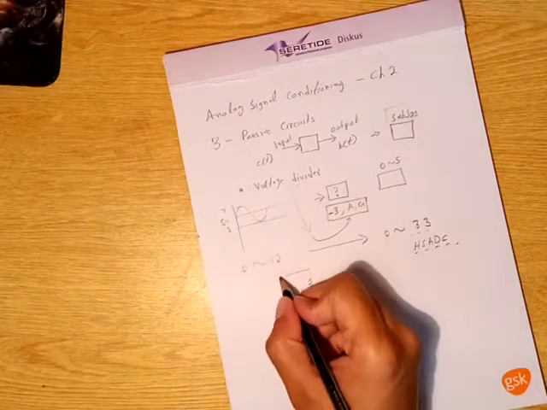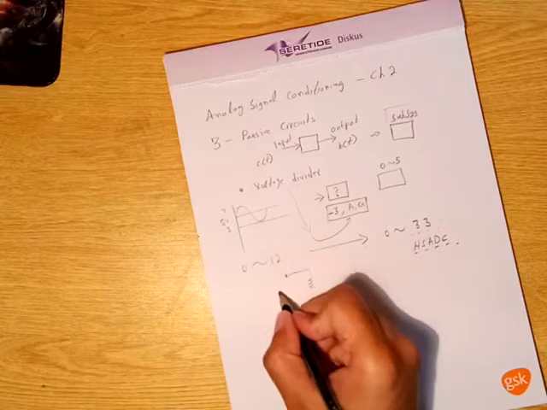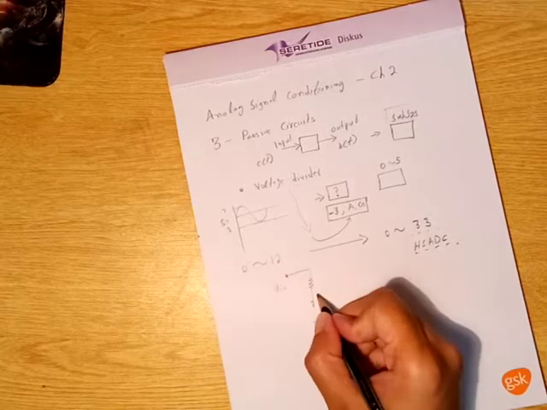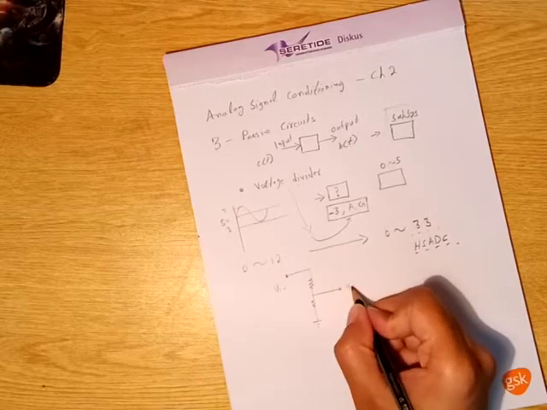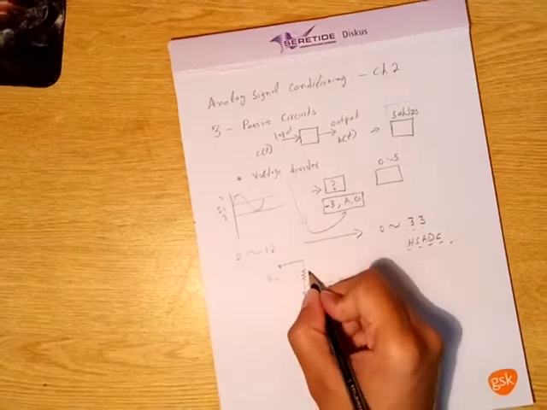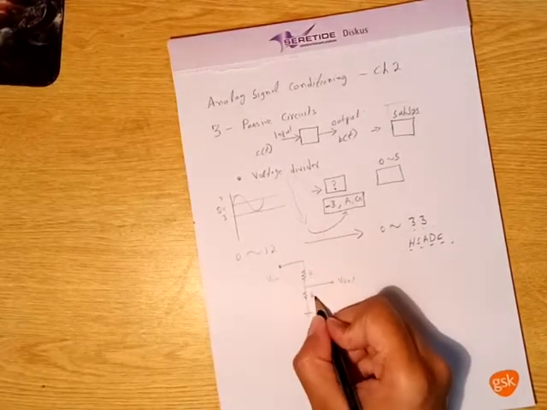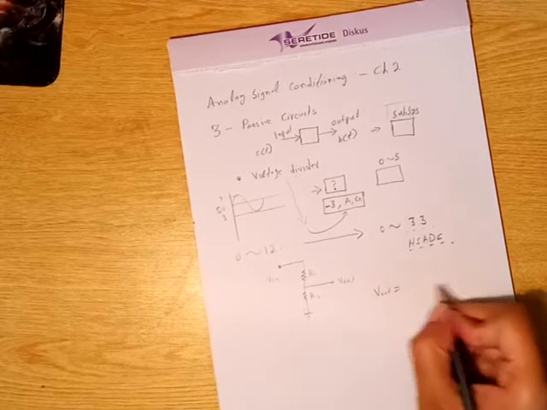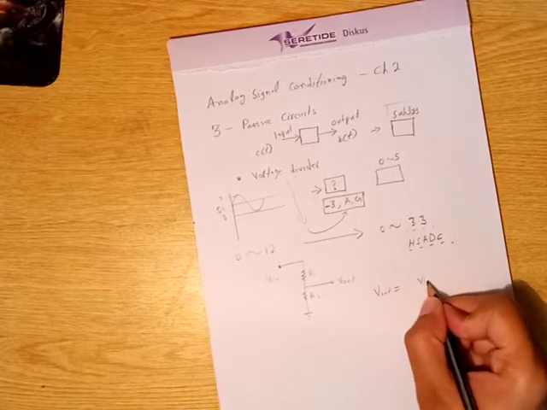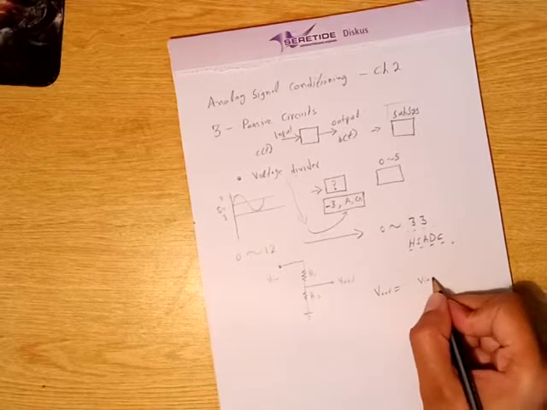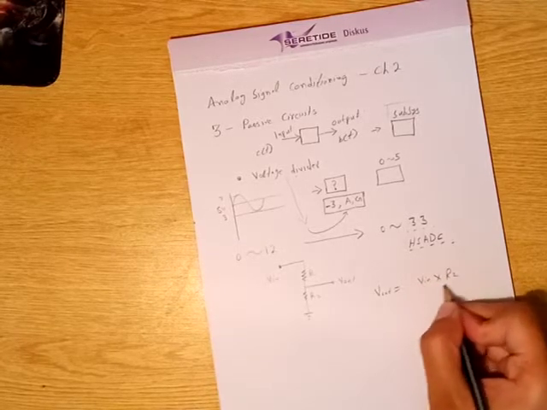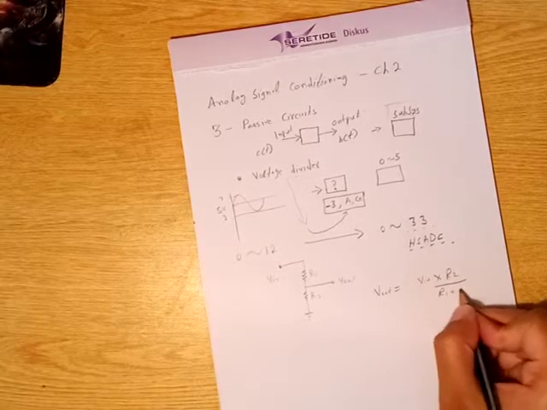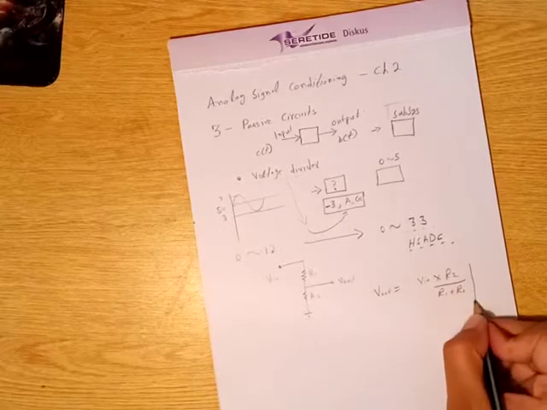कैसे? Let's see. This point is supposed to be my V in and this point is supposed to be V out. This is R1 and this is R2. We all know V out has the expression that is V in into R2 over R1 plus R2.